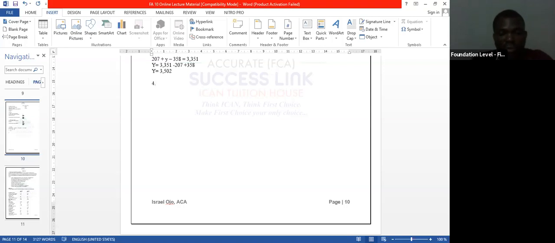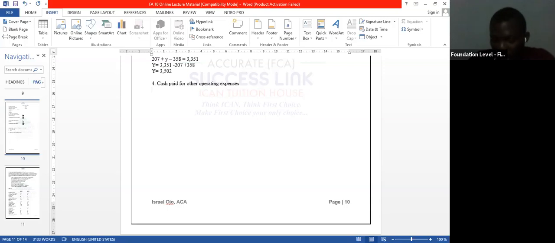So let's do workings 4, and that will be cash paid for other operating expenses.